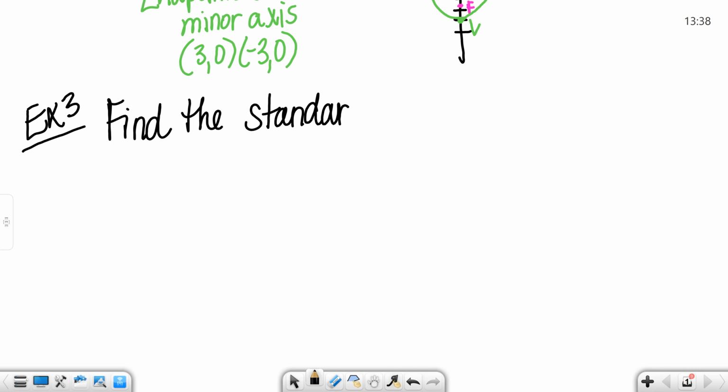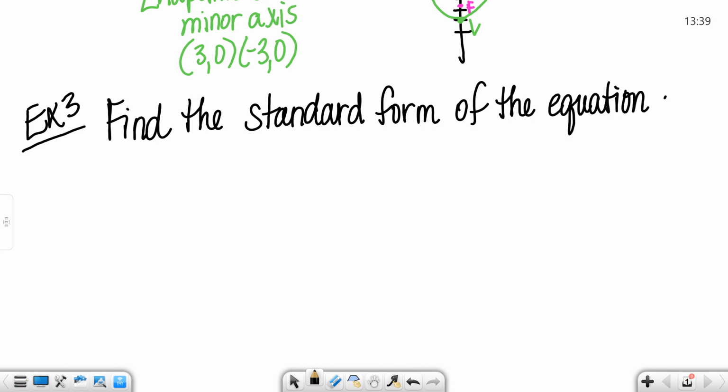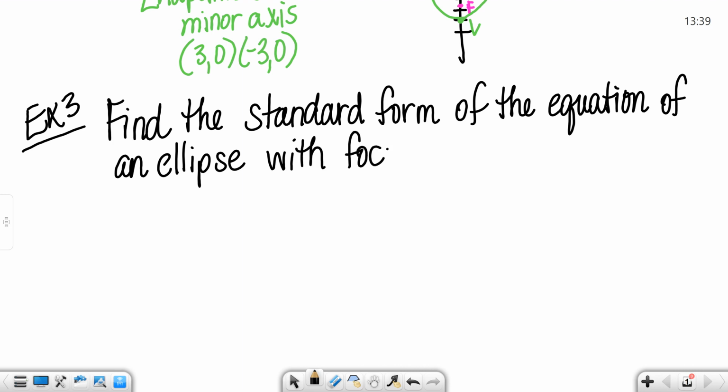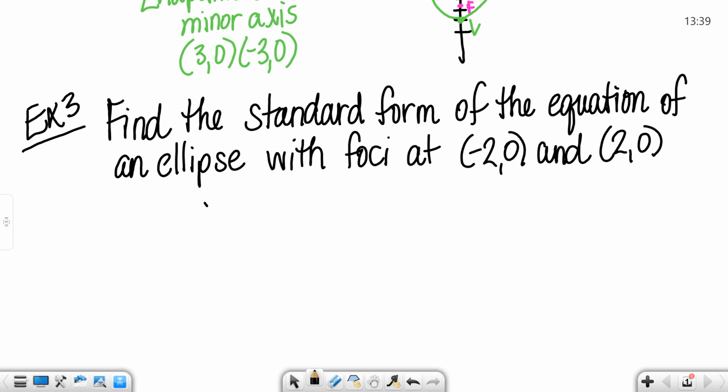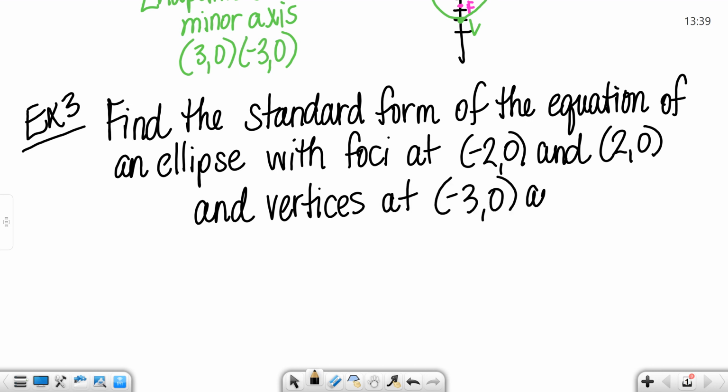Let's find the standard form of the equation of an ellipse with foci at -2, 0 and 2, 0 and vertices at -3, 0 and 3, 0. And so this time we're asked for the equation.